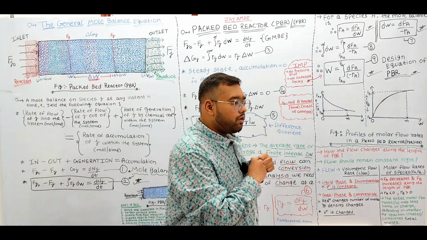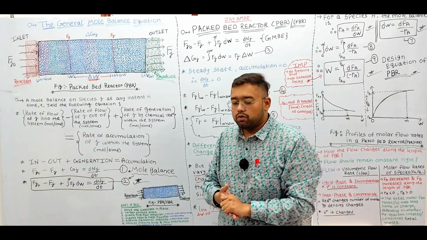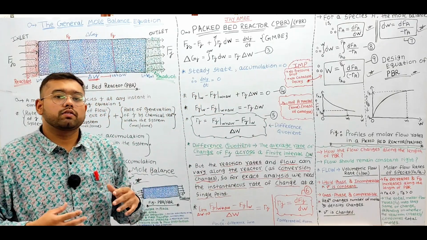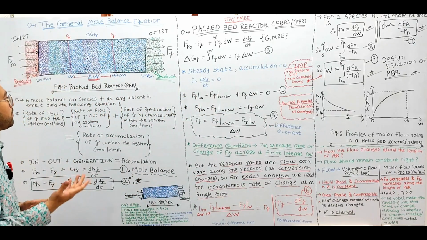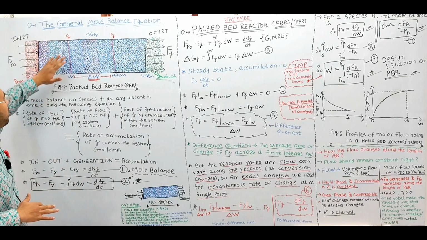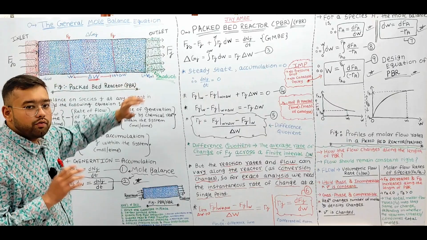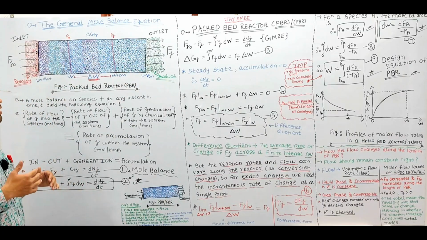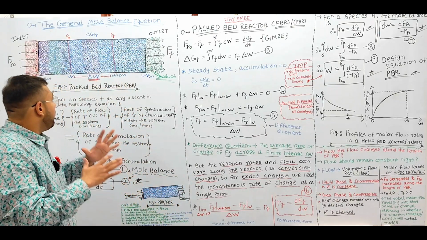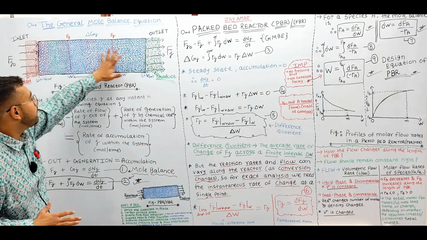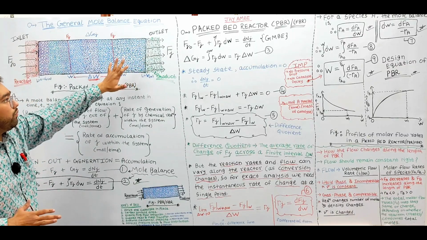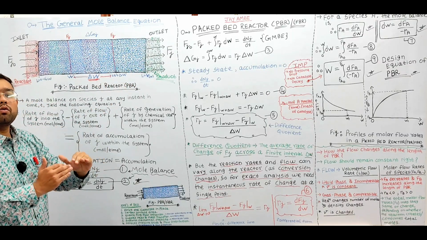So we need to ensure the packing of the solid catalyst or the solid support or the solid inert materials is uniform throughout the entire volume and the length of the reactor, right? It's called the fixed bed, which means we have completely filled the entire hollow space with the solid materials, the solid catalyst, which means it is fixed, it cannot move.